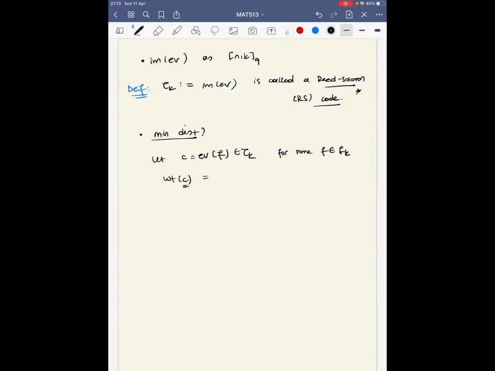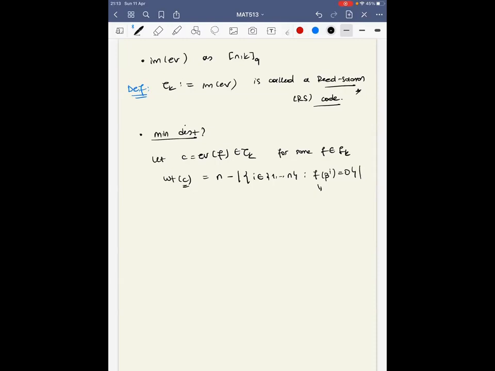To count the non-zero coordinates of a codeword, we will count the number of the zero coordinates, and when we remove them from the n coordinates, we will get at least the weight of a codeword.